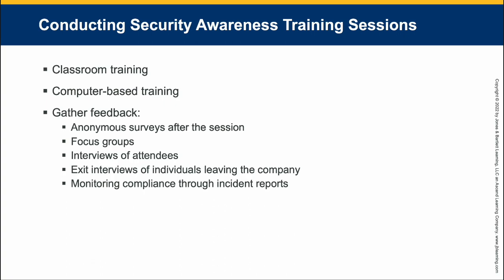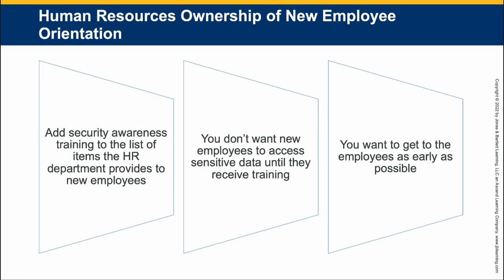Next, we have HR ownership for new employee orientation. New employees need to be trained other than the background check. Usually the new employee will not be able to access sensitive data, but you want them to get working as soon as possible.